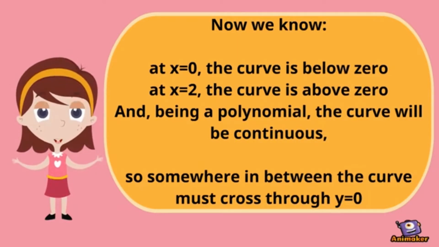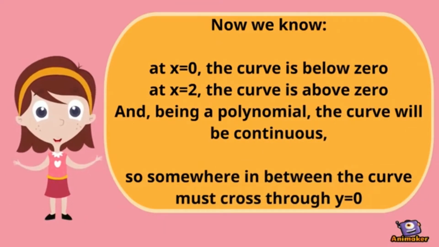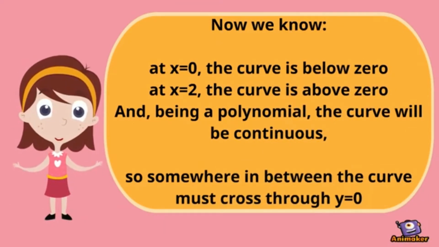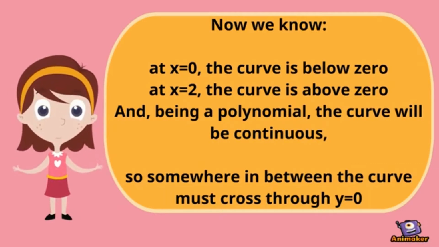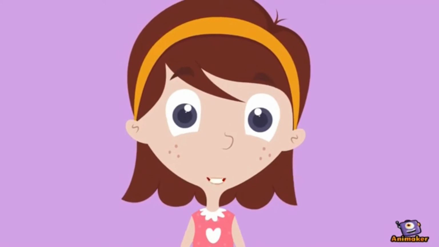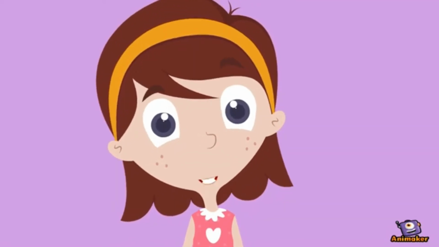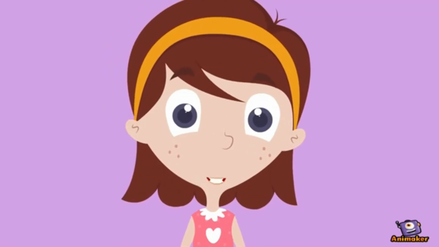At x is equal to 2, the curve is above 0. And being a polynomial, the curve will be continuous. So somewhere in between the curve must cross to y is equal to 0. So the answer is yes, there is a solution to x raised to 5 minus 2x cubed minus 2 is equal to 0 in the interval 0 to 2.